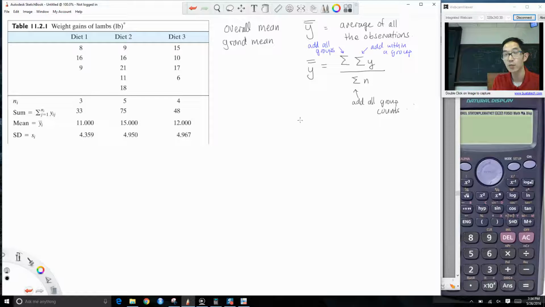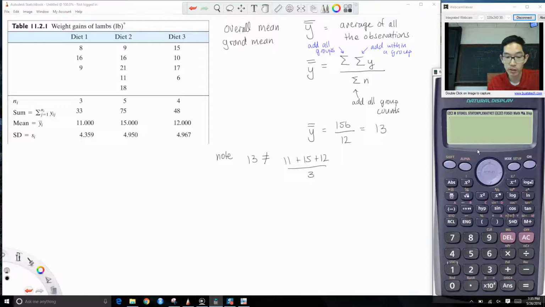Now this sounds much more complicated than it actually is. It's really just, if I were to add up all 12 numbers here, I would get 156, and if I were to count up how many numbers I have, I would have 12. Okay? And then I would get an average of 13. Note that 13 does not equal 11 plus 15 plus 12 divided by 3.